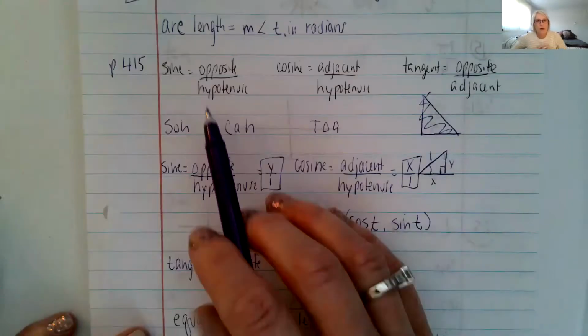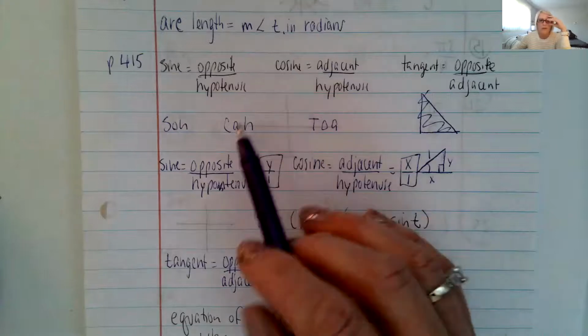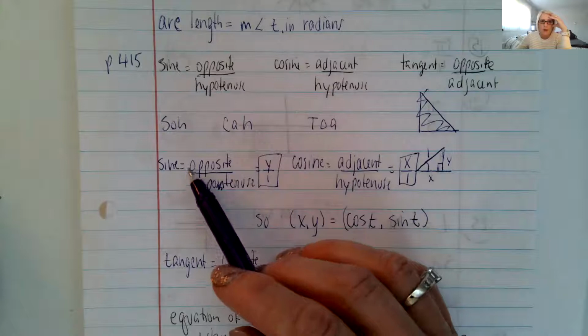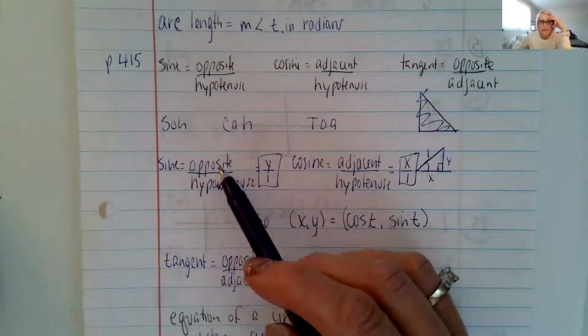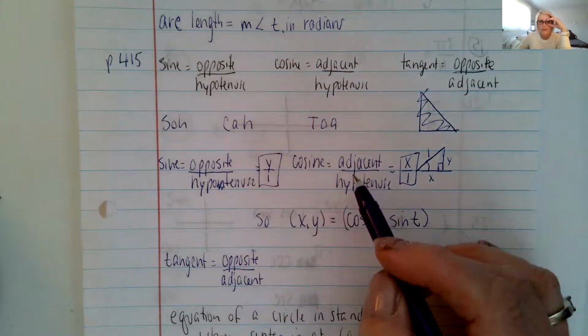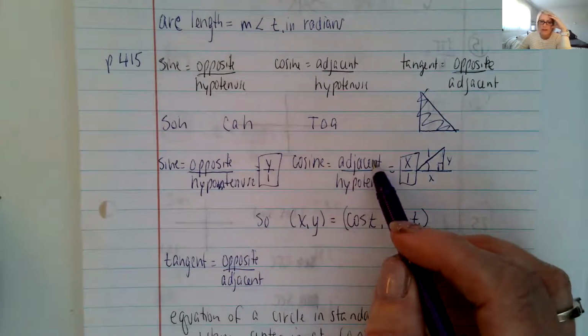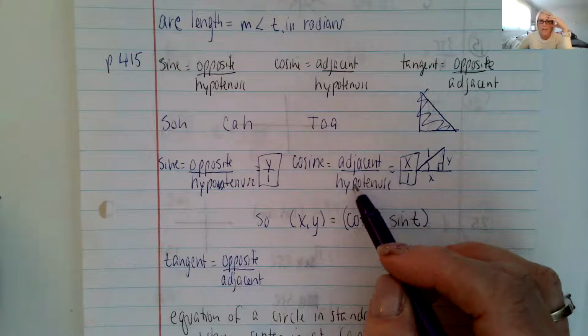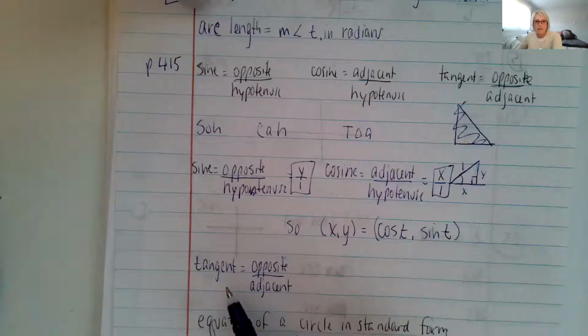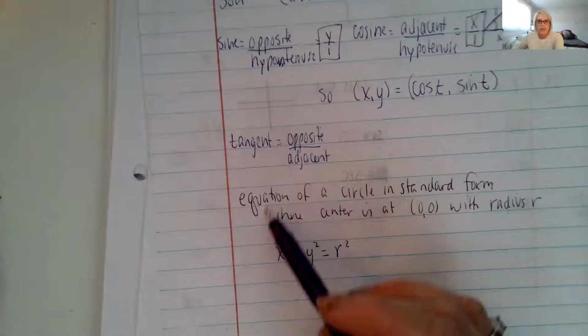And when we talk about our trigonometric functions, there's 6 of them. And sine is always going to be your opposite of your angle over the hypotenuse of that triangle. Your cosine is going to be your adjacent length over your hypotenuse length. And your tangent is going to be your opposite over your adjacent.